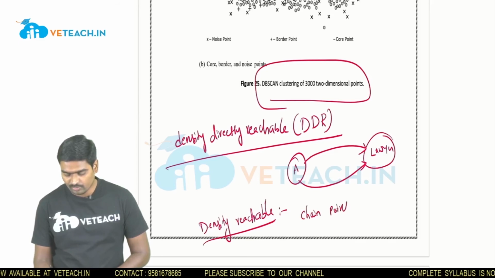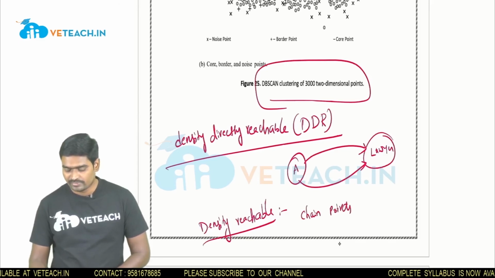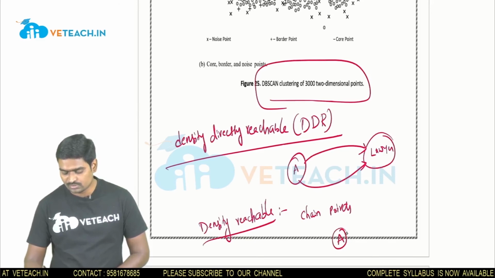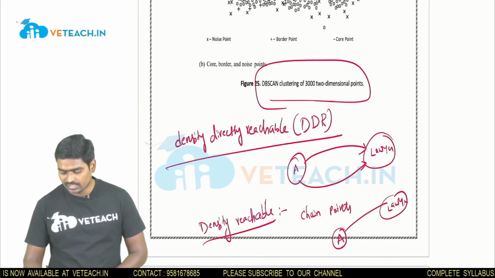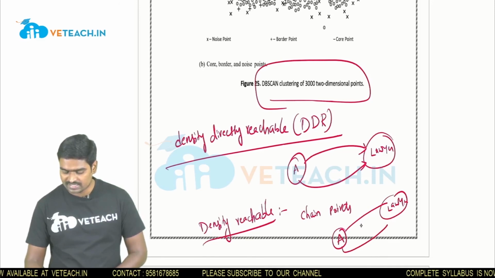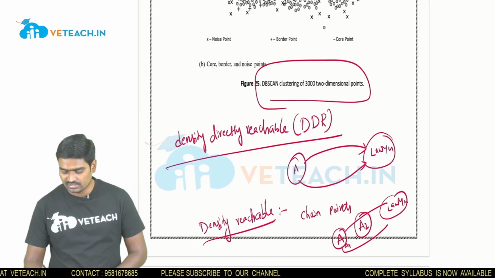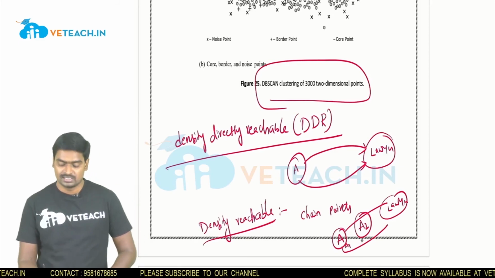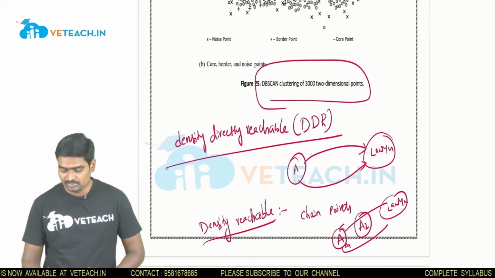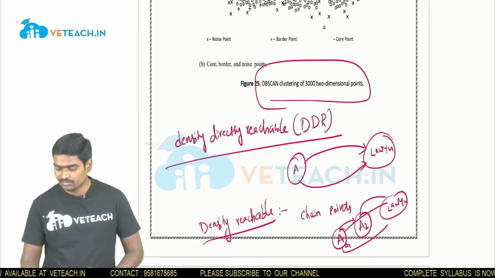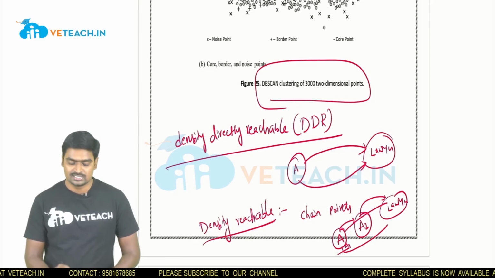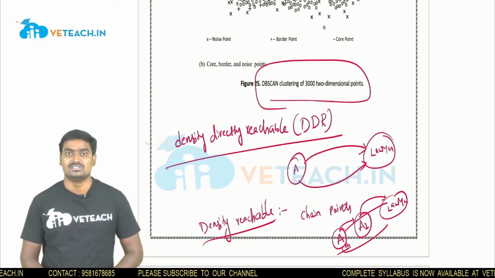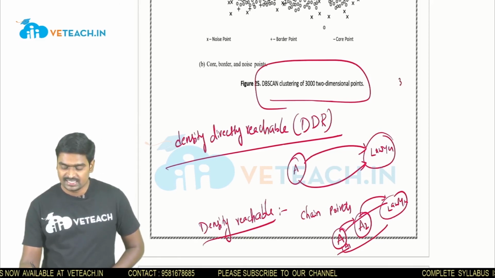A user wants to meet a lawyer, and in between the lawyer and person A, another person is there, the intermediate person. A1 first meets A2, and then A2 arranges the meeting. So this is nothing but density reachable. The next concept is density connected.